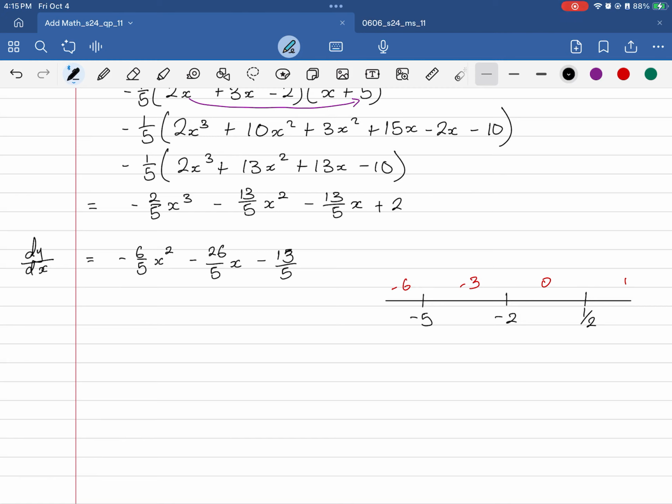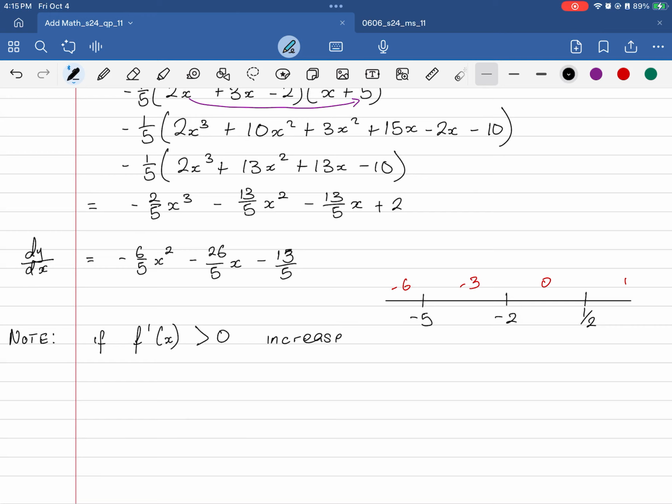And a good thing to note is this notation basically means the first derivative of x. If the first derivative is greater than 0, then your graph increases.